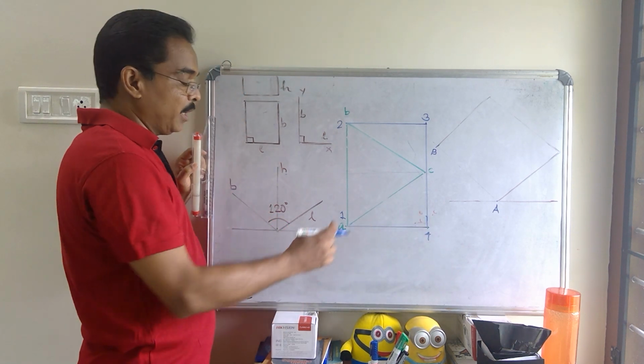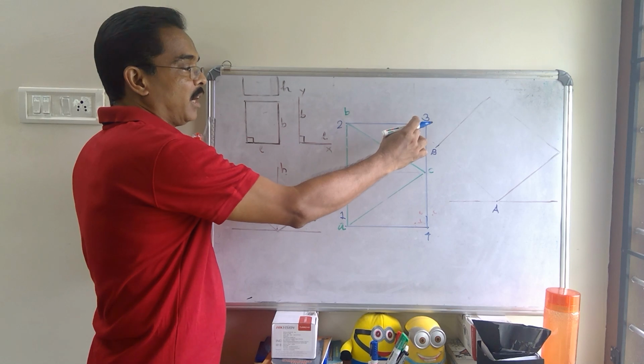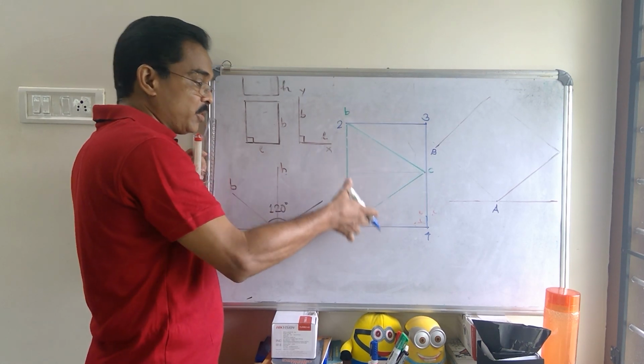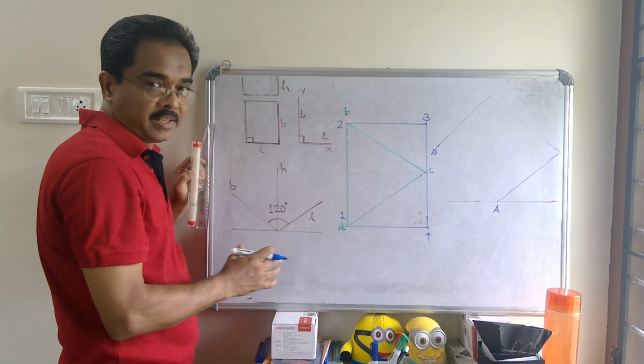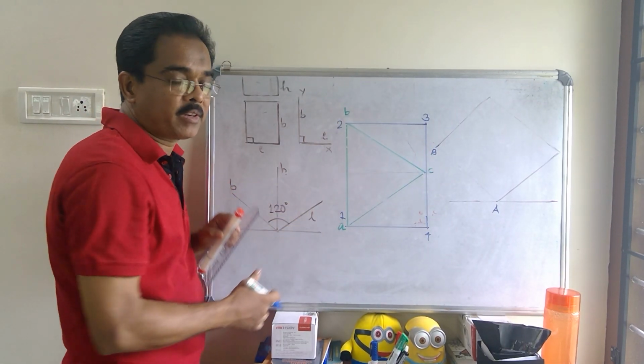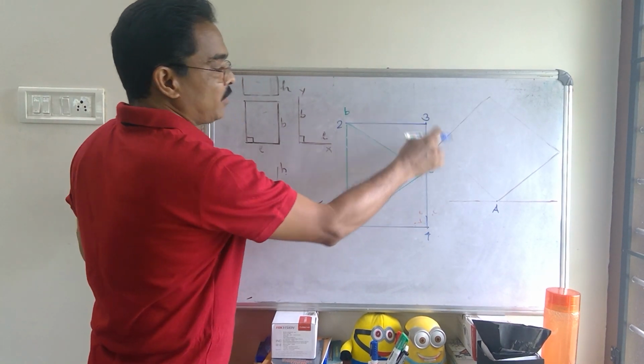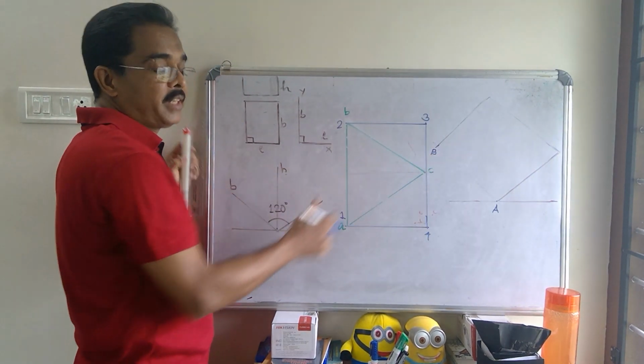Now all the points A, B and C lie in a horizontal or vertical line, so I can directly transfer the distances of the points to the isometric axis. The point C lies on the vertical line 3, 4.